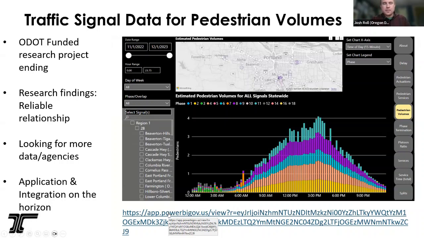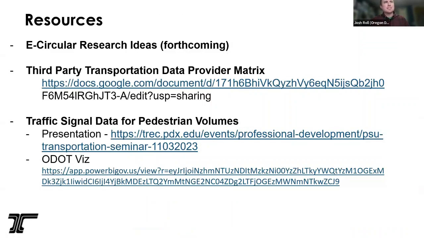We're hoping there's a path forward to getting these data put into something like PSU's bike ped portal, and we're working through what the details would look like. That would allow us to integrate other agencies' data and maybe provide a couple of different ways of visualizing and providing access to these types of data. So that's the three bits that I wanted to walk through today.